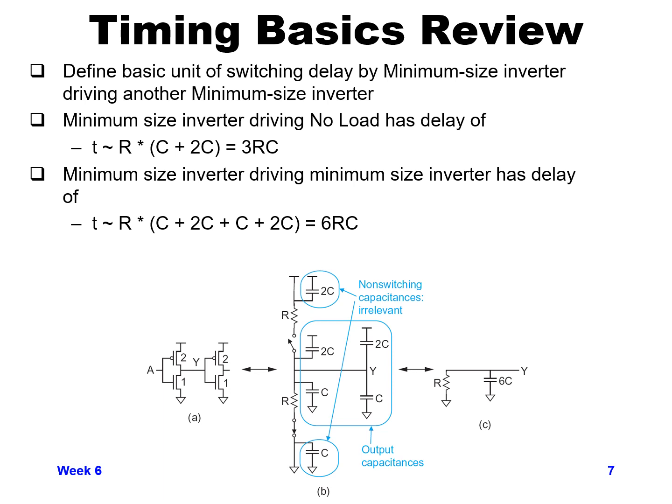If we look at just a minimum size inverter driving no load, as in part B, we would not have the extra output capacitances shown on the right side, and the time taken to switch would be proportional to R, whether you're rising or falling.